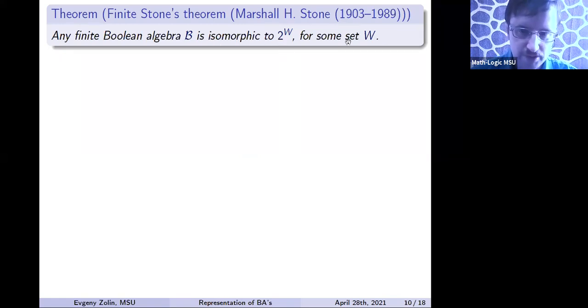For some set W, not necessarily non-empty, but in this case, it will be, of course, non-empty. Unless B has no atoms, of course. The Boolean algebra that has no atoms is simply an algebra with one element, 0 equals 1. And we have no atoms, so W is just empty.